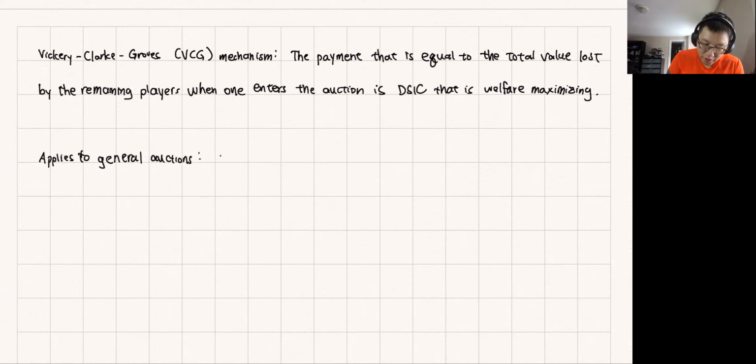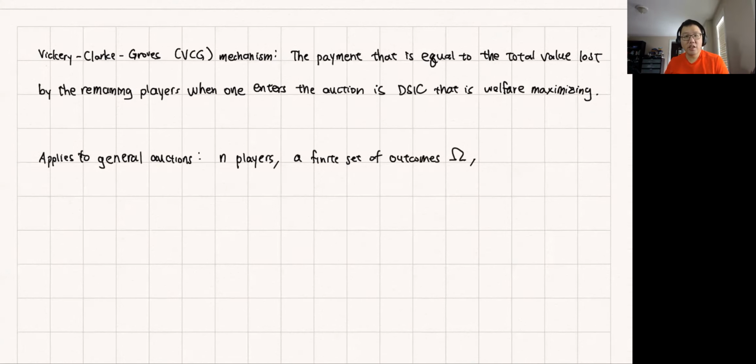So in a general auction, you have n players, and you have a finite set of outcomes. We'll say this is omega. So we abstracted the outcomes of an auction to this big Greek letter.